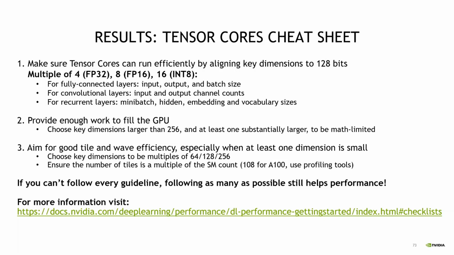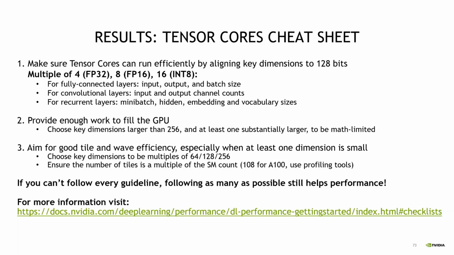This means that for FP32 mode, k dimensions have to be multiples of 4, for FP16 mode multiples of 8, and for int8 mode multiples of 16. K dimensions for fully connected layers are input, output, and batch size. For convolutional layers, input and output channel counts, and for recurrent layers, mini batch, hidden state size, embedding size, and vocabulary sizes.